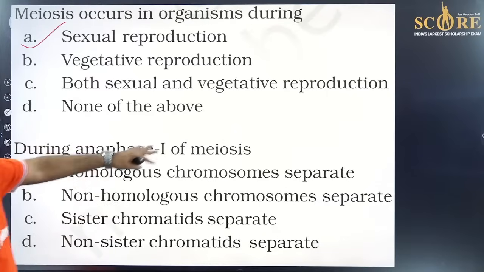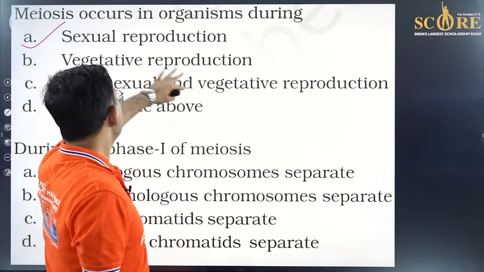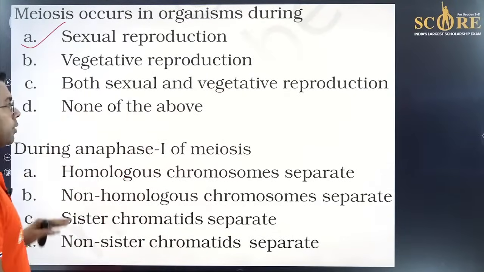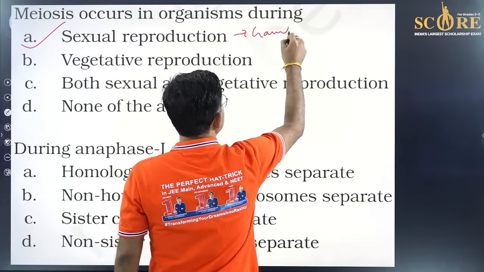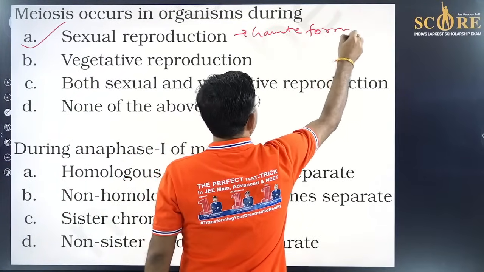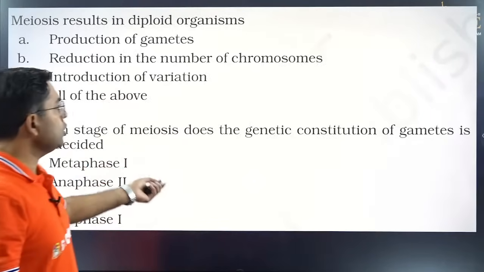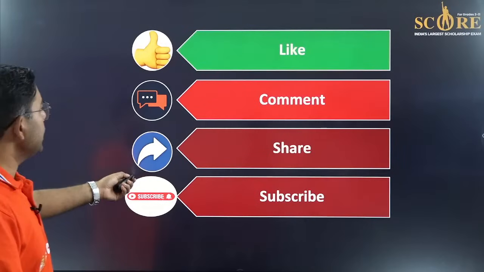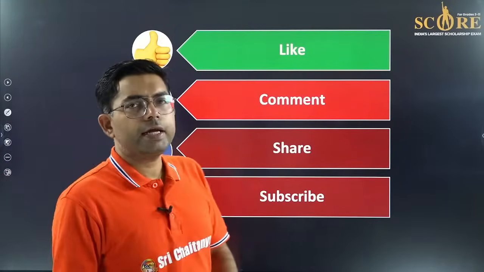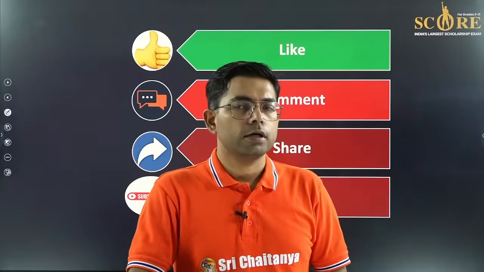It does not take place during vegetative reproduction, it only takes place during sexual reproduction, and that too precisely in gamete formation. In this way, if you solve all the exemplar questions, then it will be very easy for you to do well in the score.